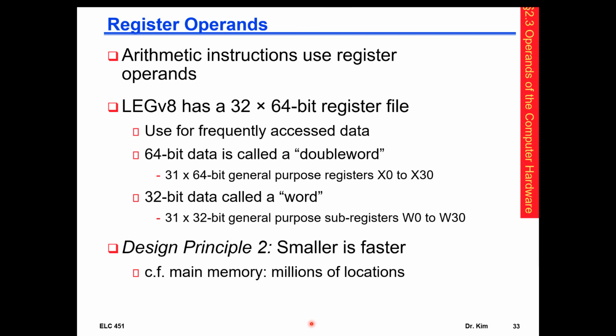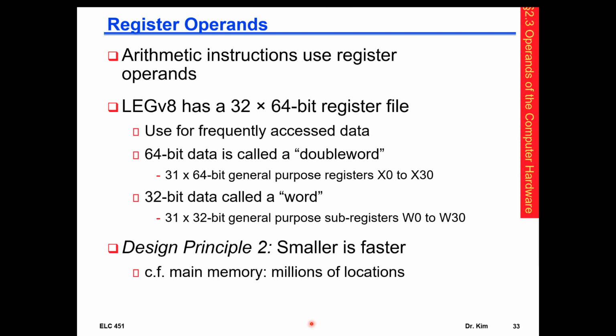From an architecture perspective, this 64 bits is called a double word. So we have 32, or 31, because we have the zero register, right? That is just there. We also have 32 bits of data structure, and that's what we call a word. So a double word is 8 bytes.